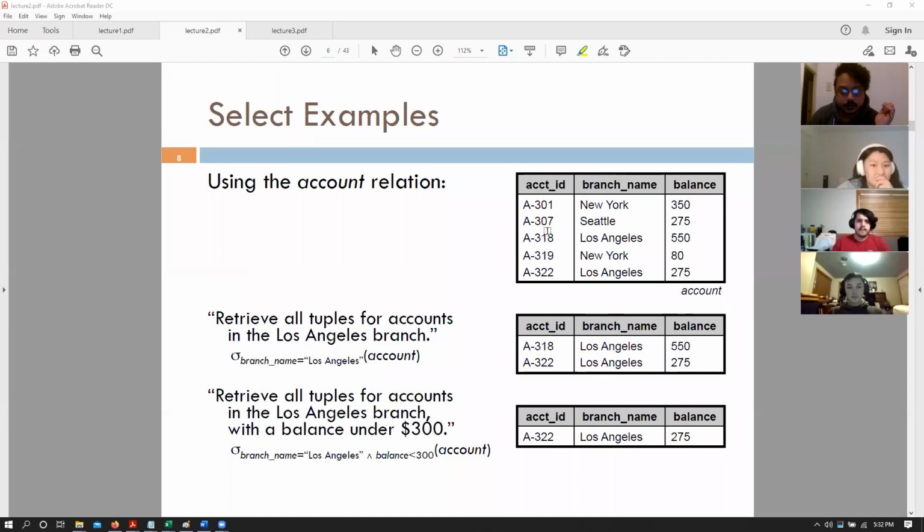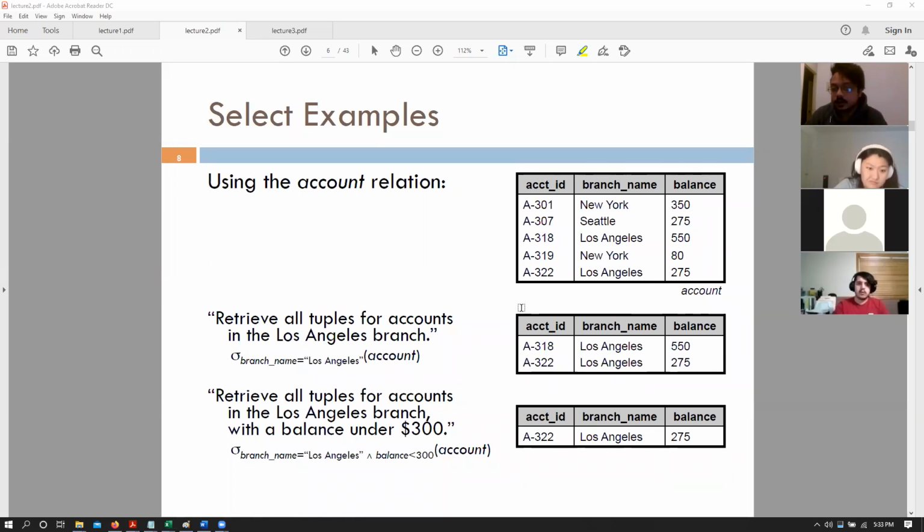For example, for select, I can say select all from my account relation, where each has account ID, branch name, and balance as its attributes, all the accounts in my Los Angeles branch. In that scenario, I can just say select branch name equals Los Angeles, and then apply that operation on my account relation, and I get the list of all my accounts in the Los Angeles branch. Note that when we apply select, we are actually getting all the attributes of that particular row. So this is basically a row selection operation, right?